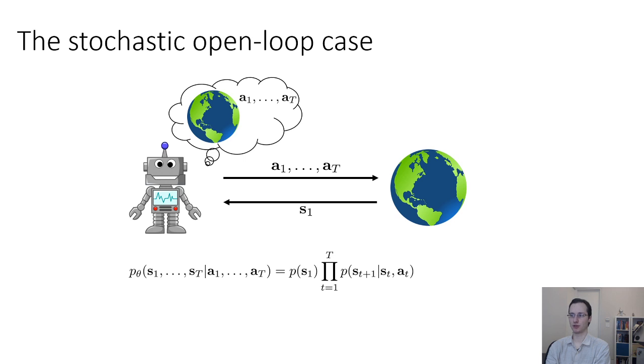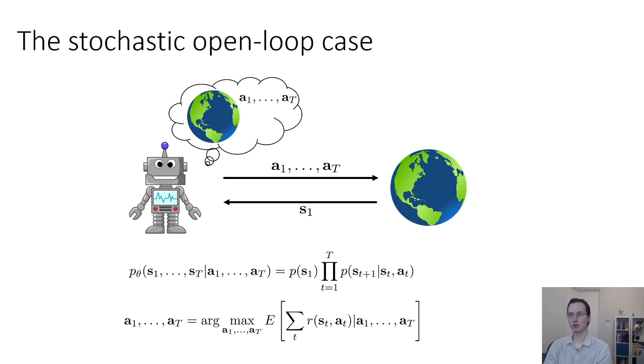Notice that the probability of a t given s t doesn't appear here because we are conditioning everything on a plan. We are conditioning everything on a sequence of actions. So in this case, we can select our sequence of actions as the sequence A1 through A capital T that maximizes the expected value of the reward conditional on that action sequence, where the expectation is taken under the distribution shown at the top.